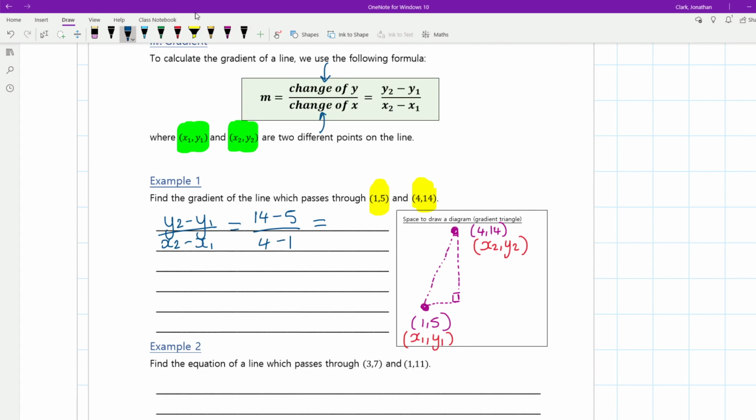So this works out as 9 over 3, and 9 divided by 3 is 3. So the gradient of my straight line is 3.